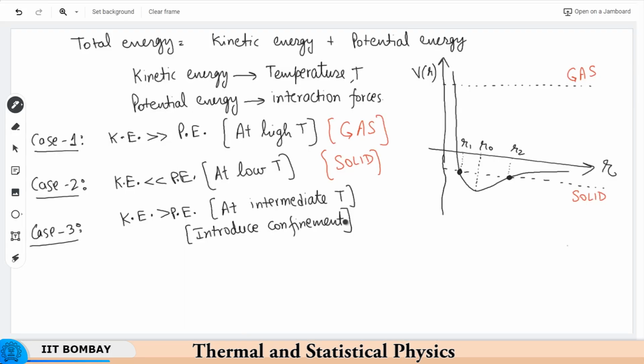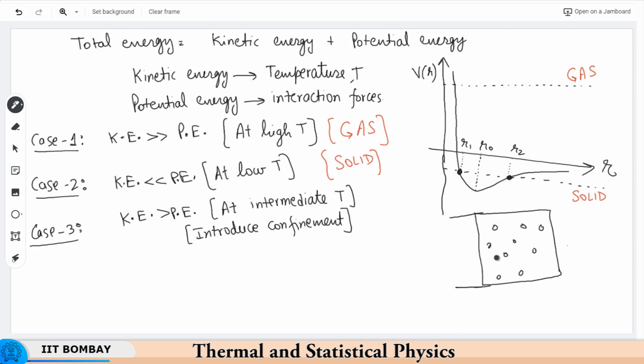Say you have a collection of these molecules, and rather than being free in space, they are now confined in a certain volume. So you have a box, and you have these molecules which have kinetic energy greater than potential energy. There is no reason for them to stay in a solid phase, but it turns out under certain conditions, and if you wait long enough, these molecules can condense into what is known as a liquid phase. So let me draw it.